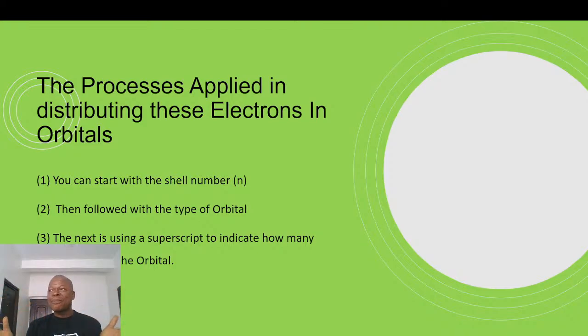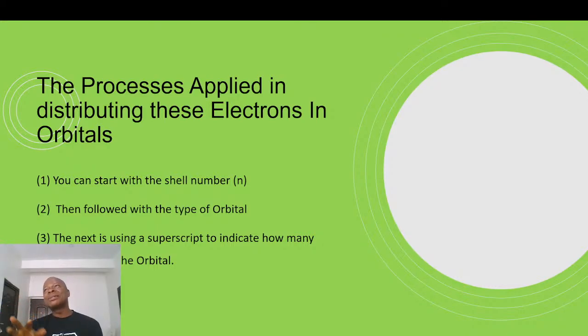The simple formula which you're going to use is 2n squared. The n there stands for the number of the shell. If you're talking about the K shell, you know the number is 1, so you replace the n with 1.